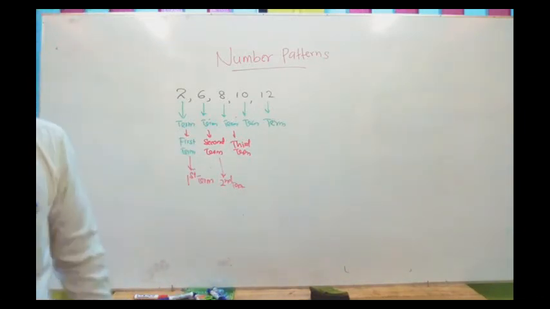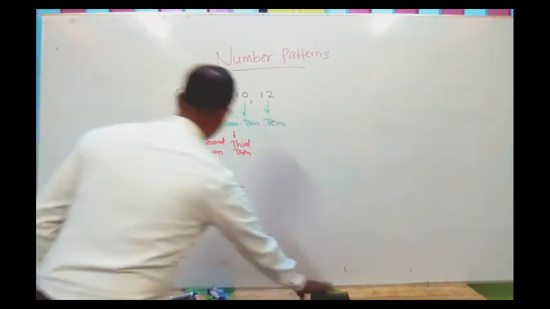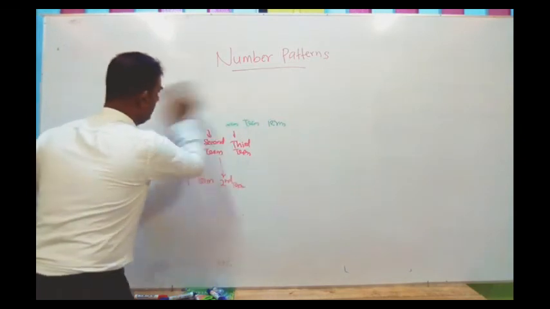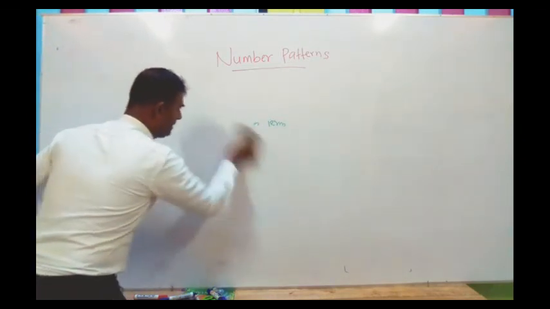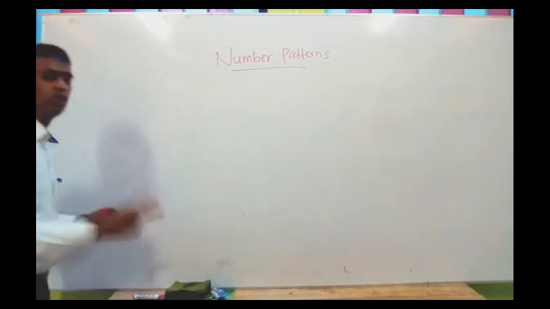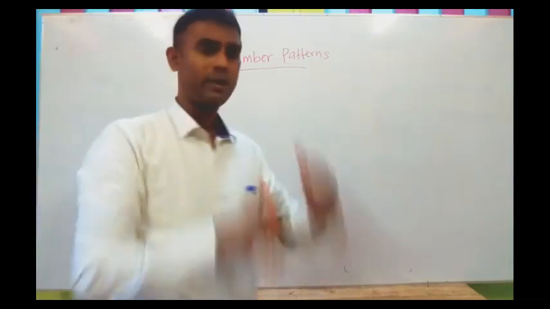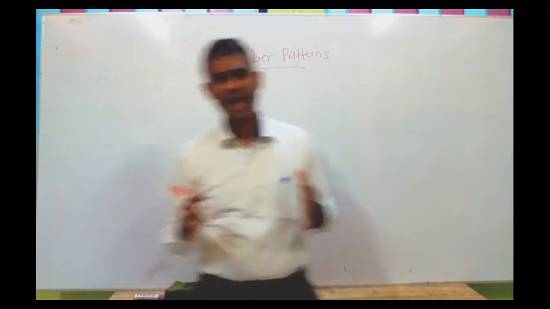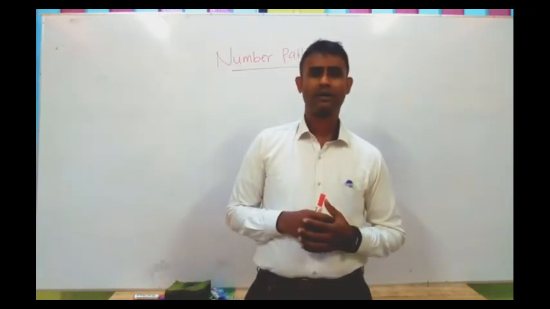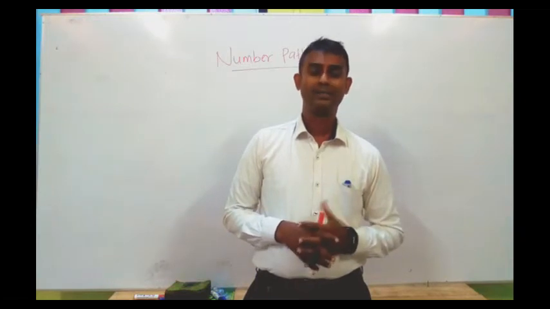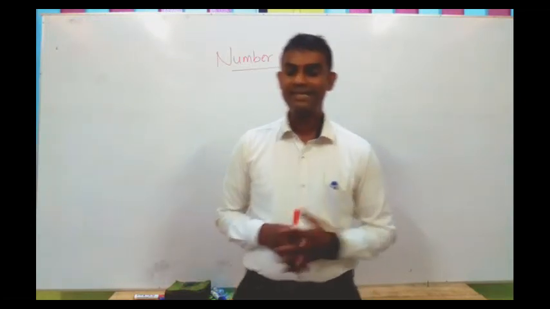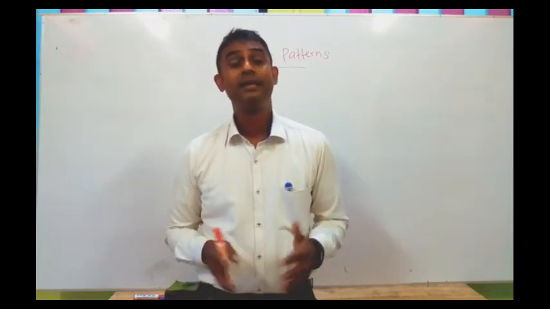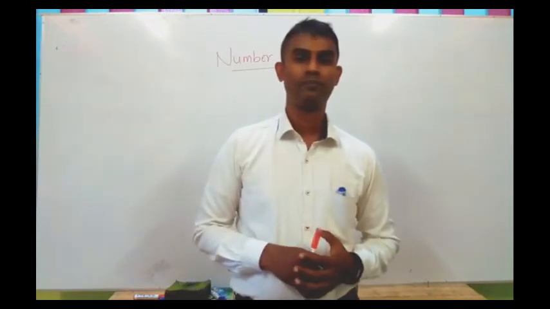Next, now we are going to another section of number patterns. Number patterns can mainly be categorized into two parts. Two sections: one is finite number patterns, the other is infinite number patterns.